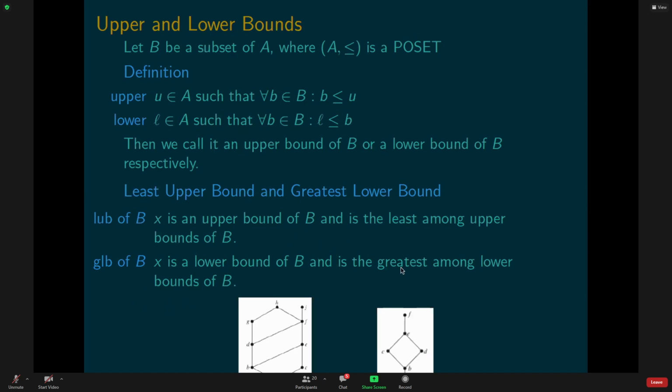So if I take this as B, what is the least upper bound?